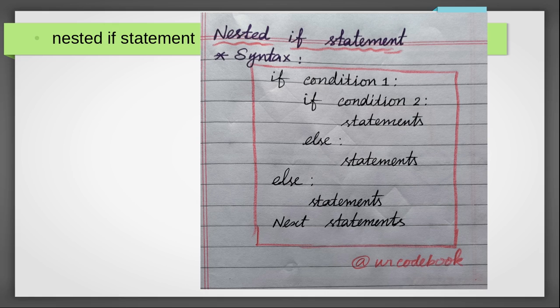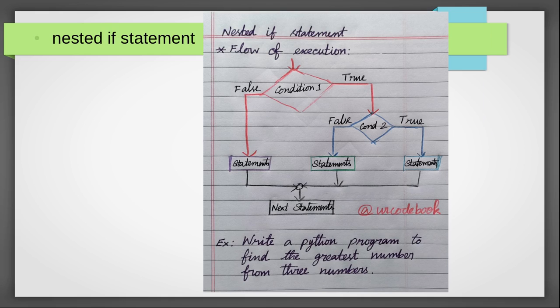So here we have the outer if statement and the inner if statement. Here, condition 1 is the outer if statement and condition 2 is the inner if statement. So next we will look at the flow of execution. If condition 1 evaluates to true, then control goes to check condition 2.